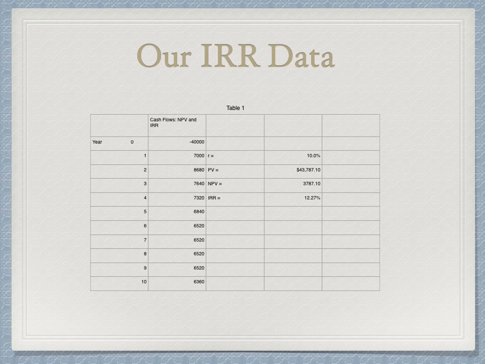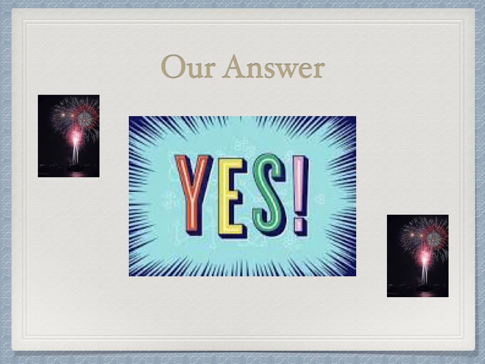We needed a rate of return of at least 10% for the company to make money. So our answer can simply be yes, the company should and could purchase this new piece of machinery. The new piece of machinery will be more efficient, as the question states, and it is going to generate a more positive rate of return than is needed or that was expected in the beginning.